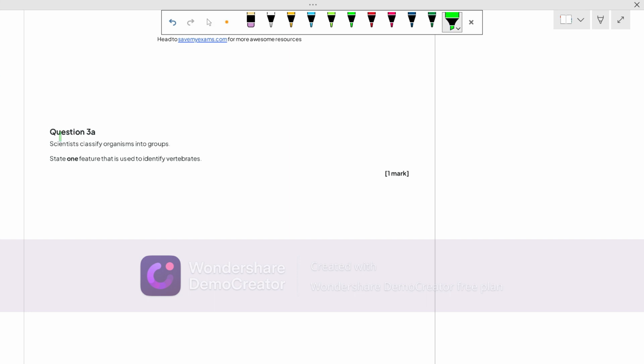Question 3a. Scientists classify organisms into groups. State one feature that is used to identify vertebrates. So there are many features used to identify vertebrates.